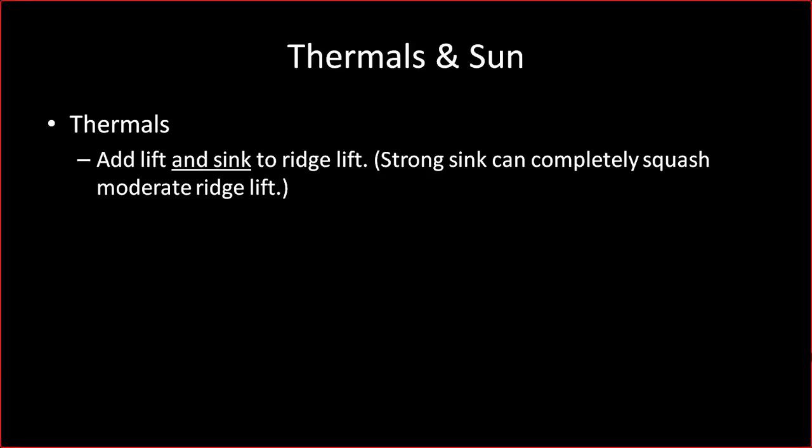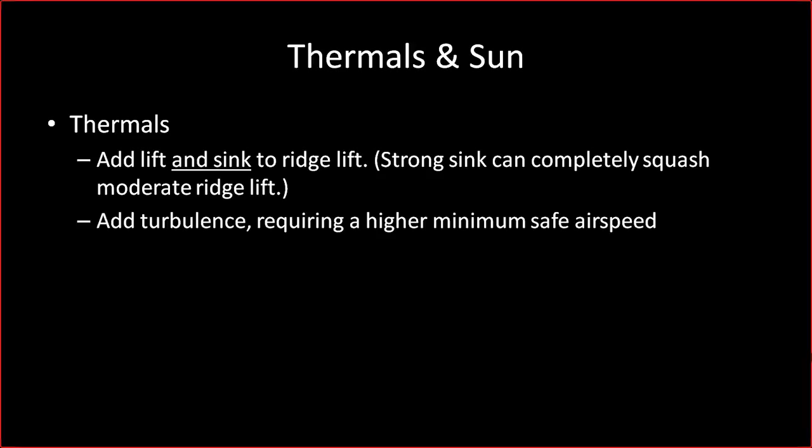No lift at all. Maybe no sink, but no lift. And of course the thermals make the ridge lift more turbulent. So you may have just been boating up and down in smooth ridge lift, and here comes a thermal through. It makes things turbulent.